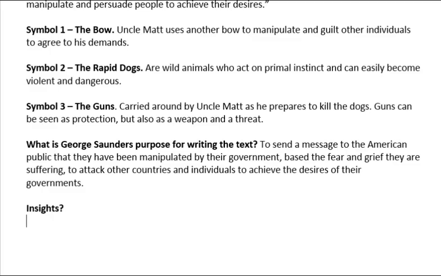So what insights can we gain from all of this? Now that we've done a little bit of reading, a little bit of research, what is it that we've potentially picked up that might help us spin this essay into something a lot more meaningful? Well, perhaps the idea that you can't eliminate fear and paranoia with more fear and paranoia.